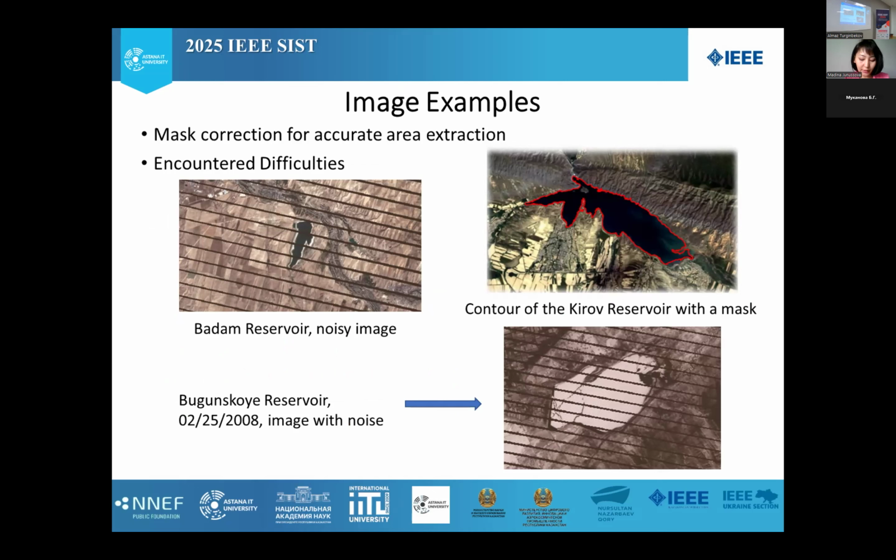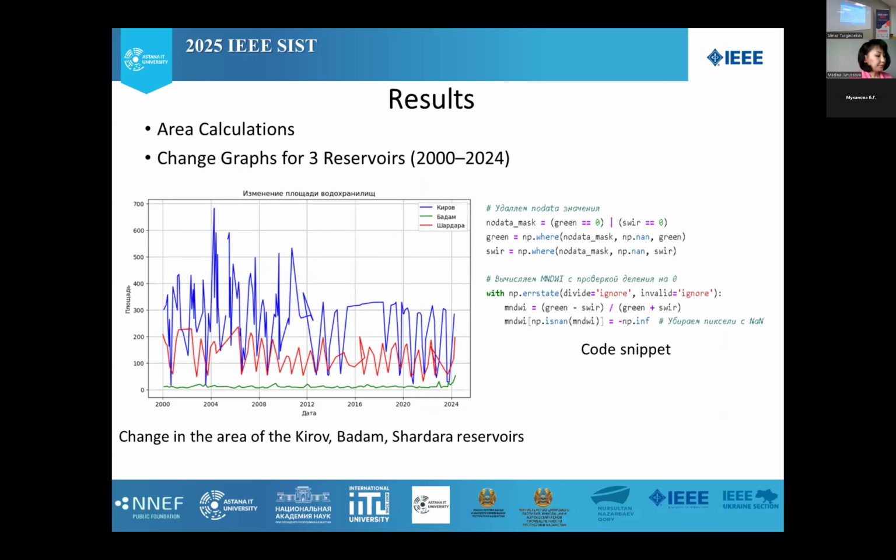Some images contain interference in the form of parallel stripes, which complicate computing, the process of creating the mask and calculating the water area.